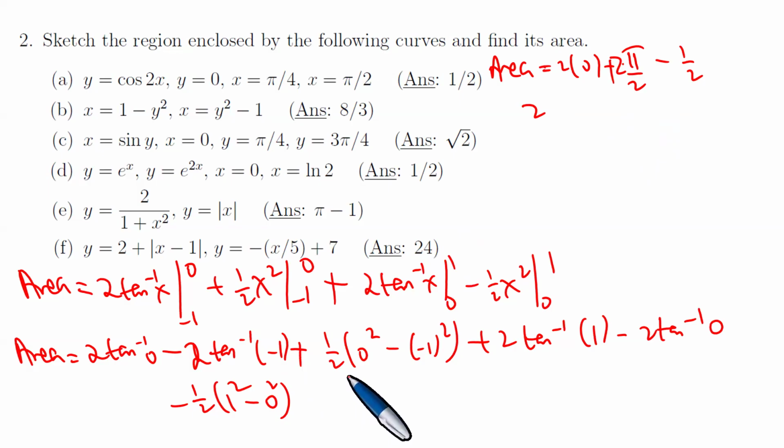Okay, let's just check these things out. So you come to this one, arctan 1, which is pi over 4, minus 0, minus 1 area.